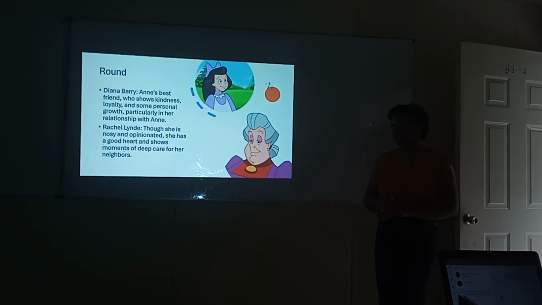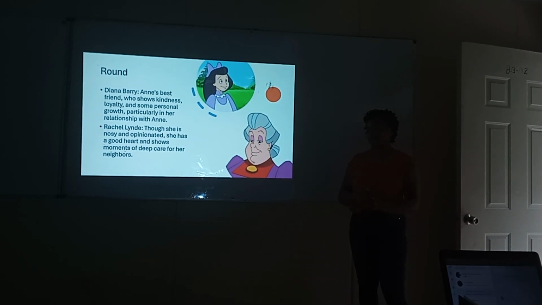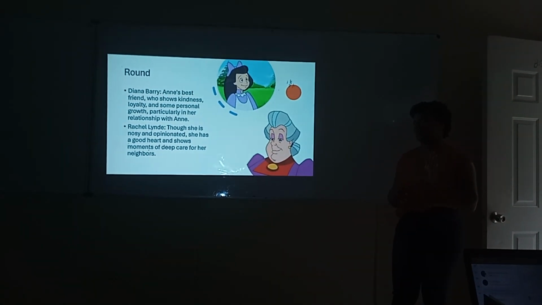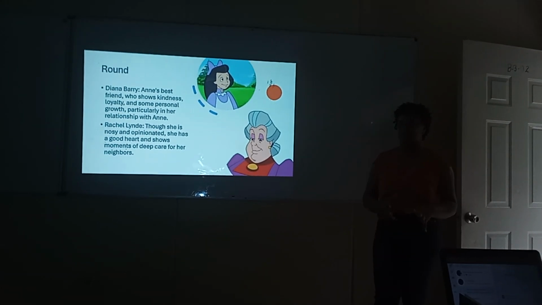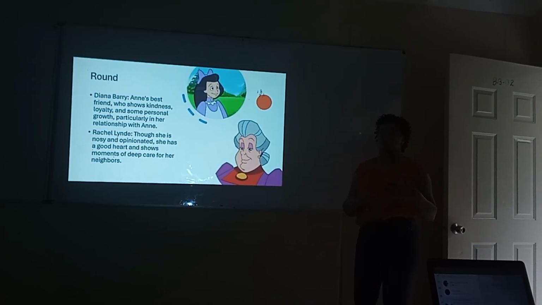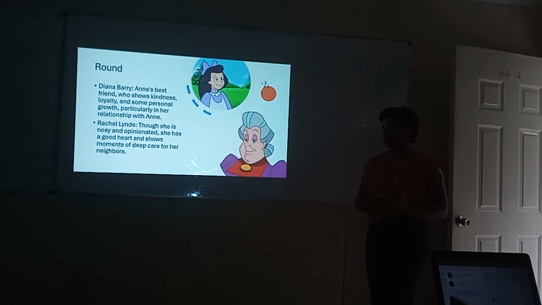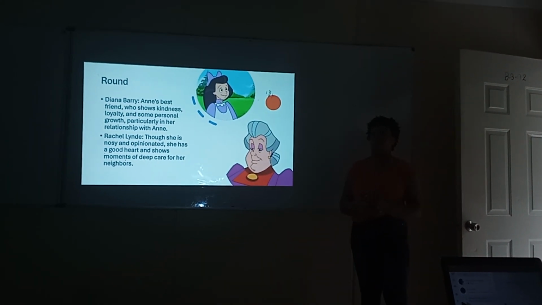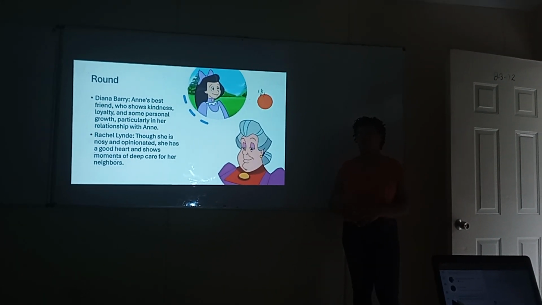And Rachel Lynde, she is nosy and opinionated. She likes to comment in all situations, bad or good. But she also has a good heart and shows moments of deep care for everyone in the neighborhood.